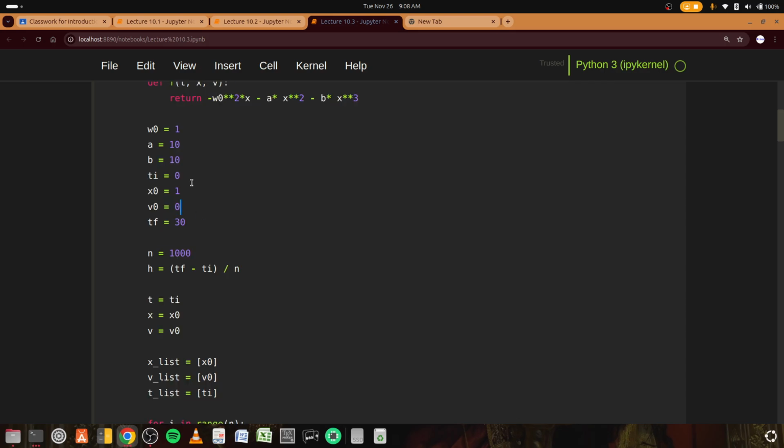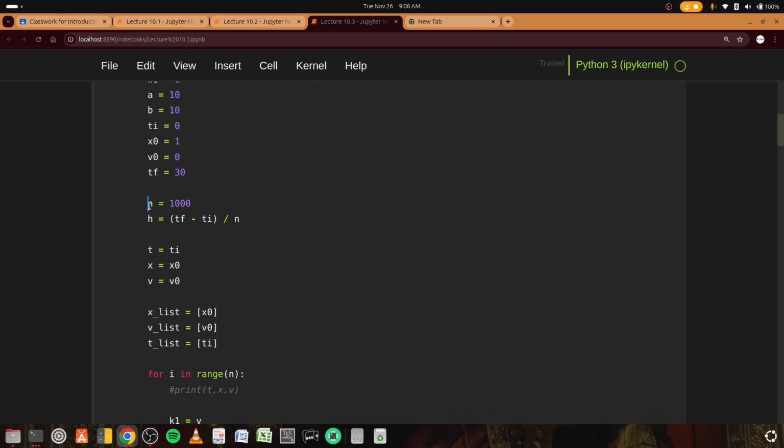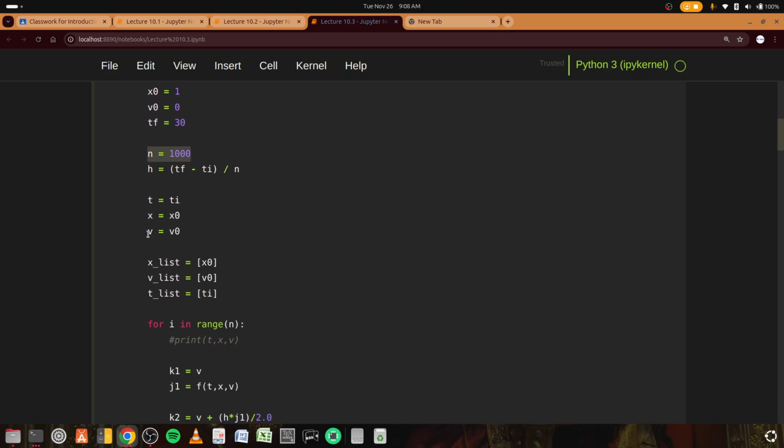The initial time is 0 and t final is suppose 30 seconds, right? Then the number of points inside the interval is 1000. Then the step size will be tf minus ti divided by n. This will be the step size, as there are 1000 points inside the interval. So t equals ti, x equals x0, and v equals v0. Start the parameters.